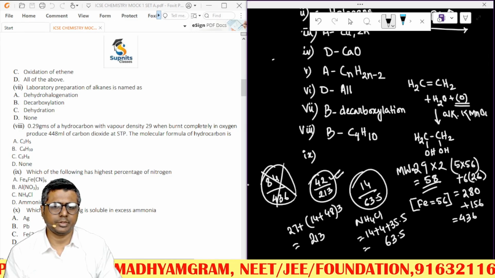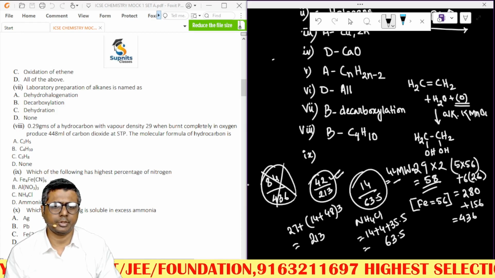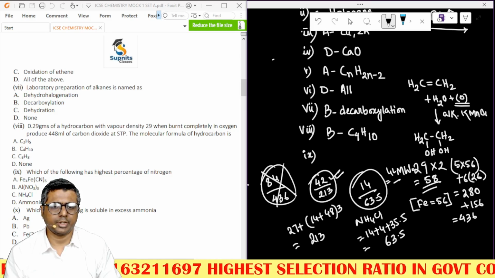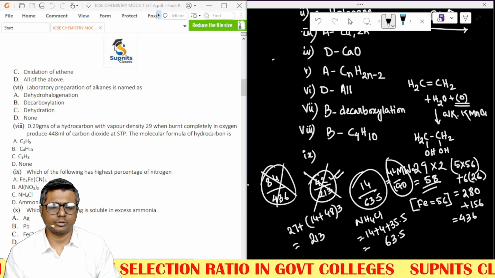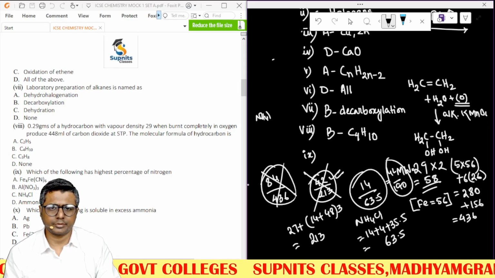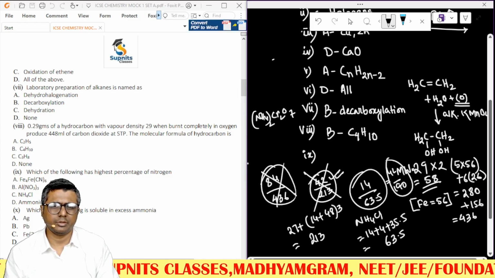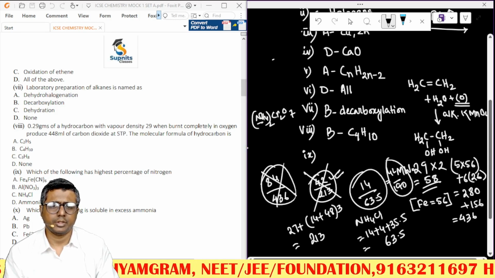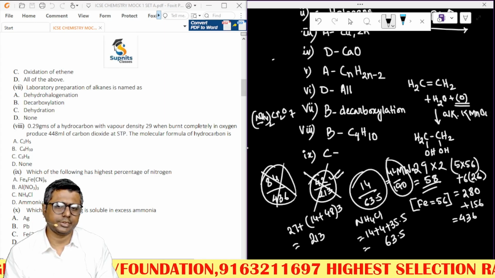If you multiply nitrogen 14 by 3, you will get 42, so the numerator matches, and the denominator is approximately 160. So NH4Cl will have more than this, so this one you can cancel out. Next is ammonium dichromate. This is a very big compound within which nitrogen is very little, chromium has a high atomic weight. So yes, the answer will be NH4Cl.